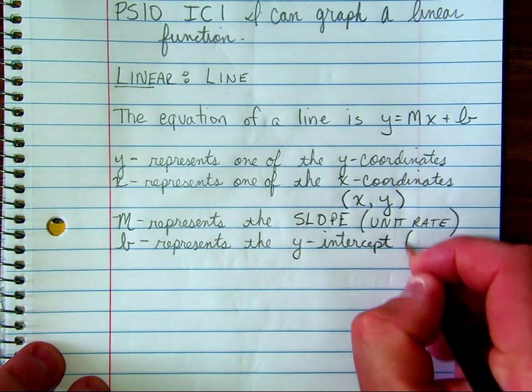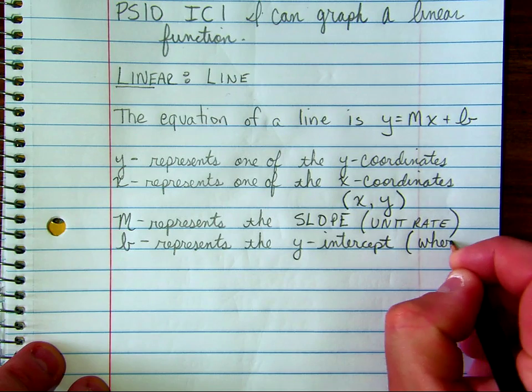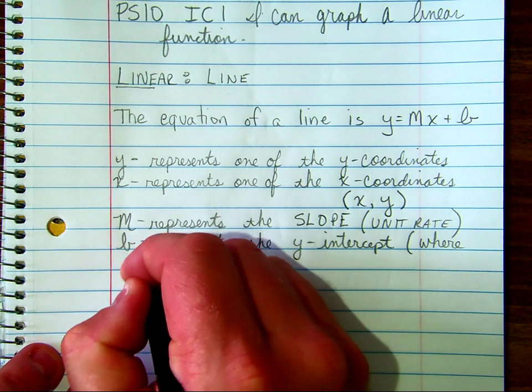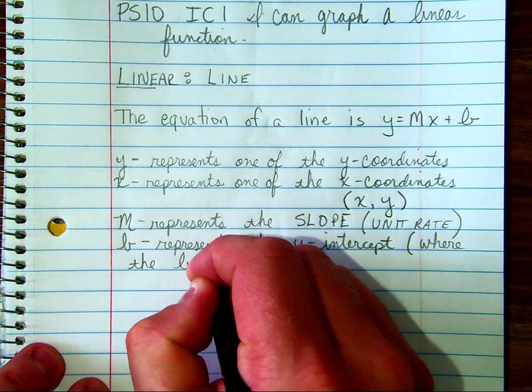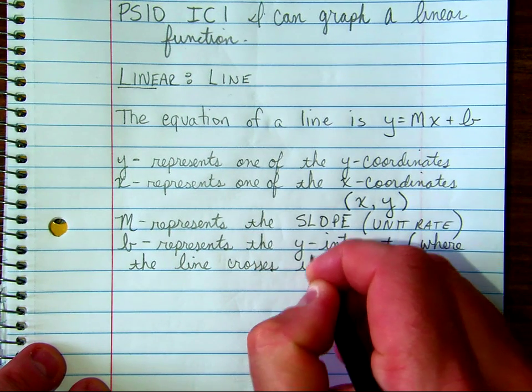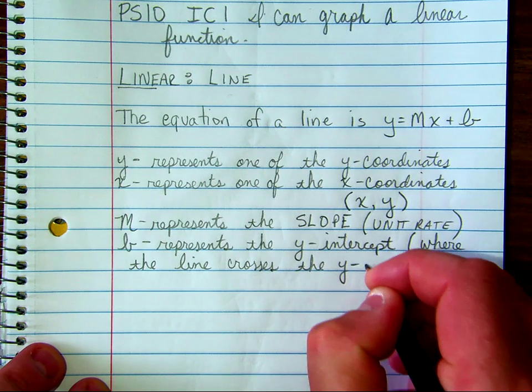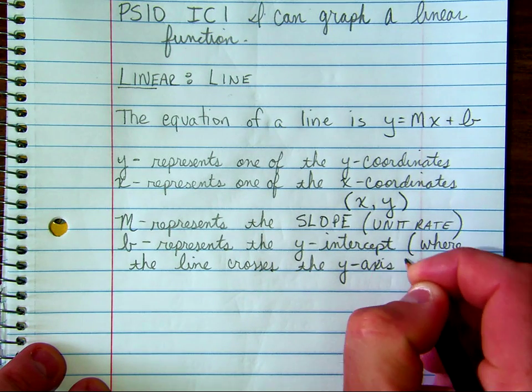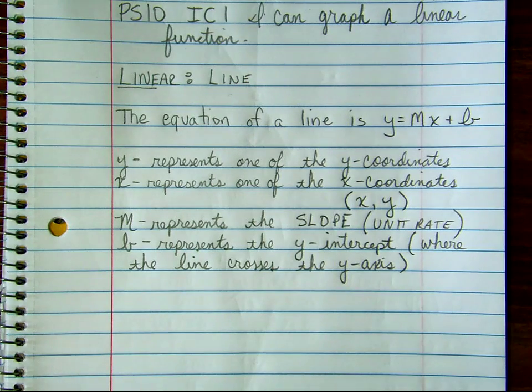Now, the y-intercept is where the line crosses the y-axis. So the very last number in this equation is going to represent where that line intersects the y-axis.